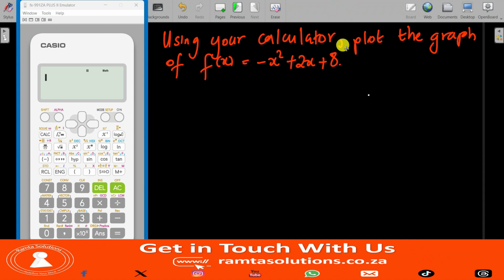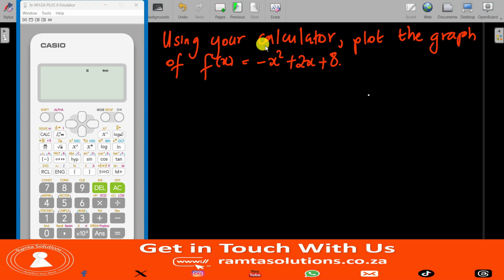In today's video, we are going to show you how to definitely plot your quadratic graph using your Casio calculator. This is not a graphing calculator, but we are going to show you how to plot your quadratic graph. The graph that we are looking at is the graph of f of x equals negative x squared plus 2x plus 8.